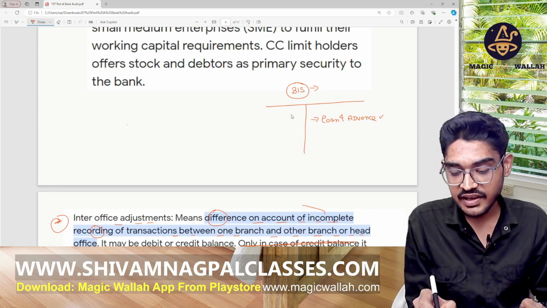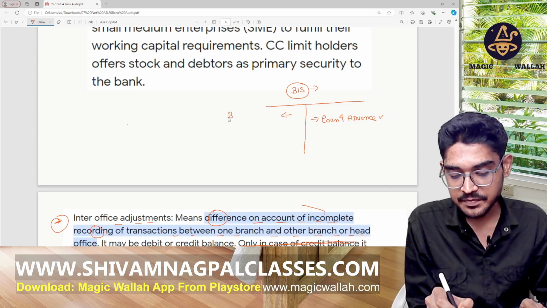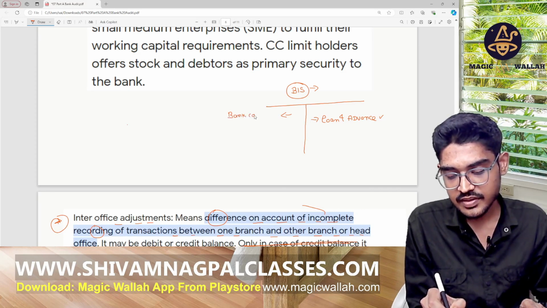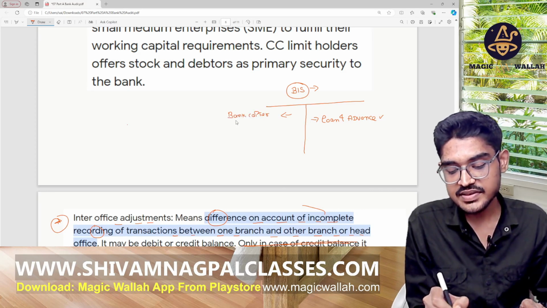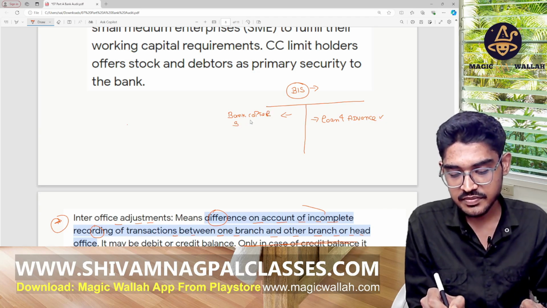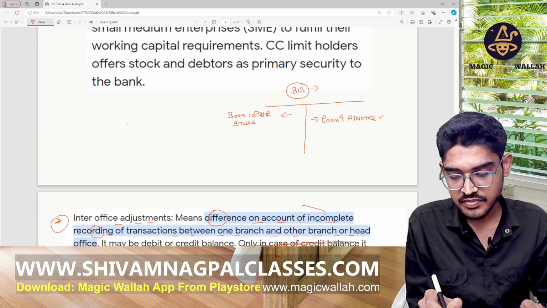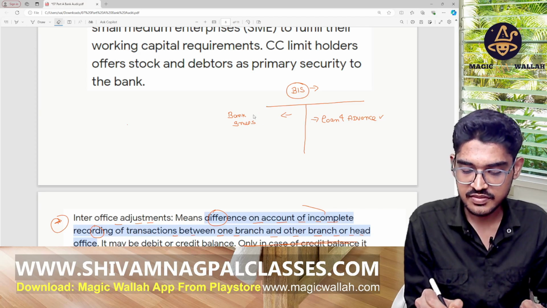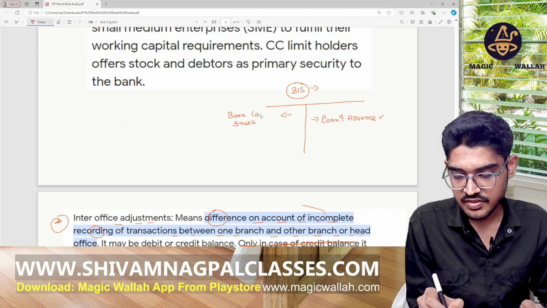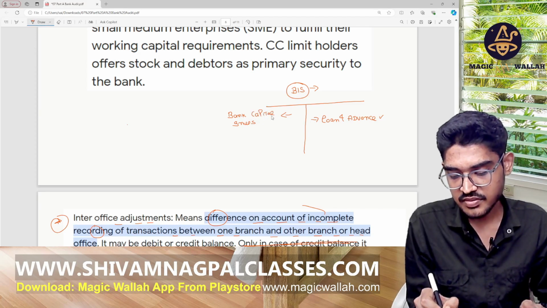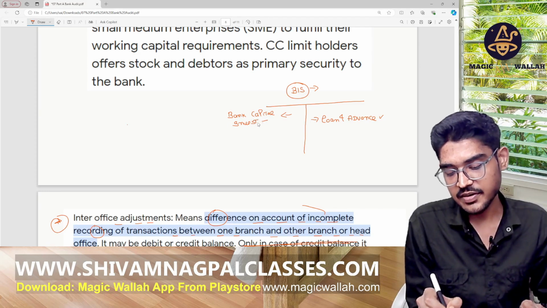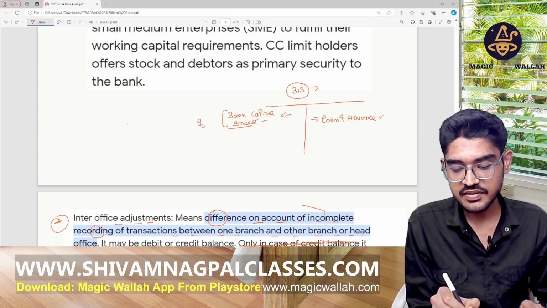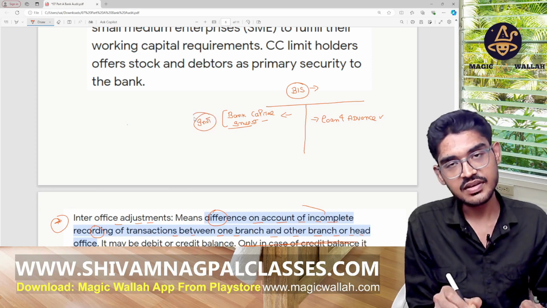And on the other side there will be the bank capital, you can say investor capital, the investment made by the investors.